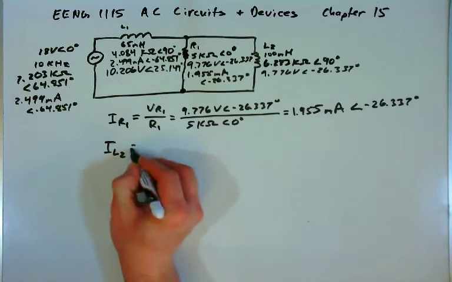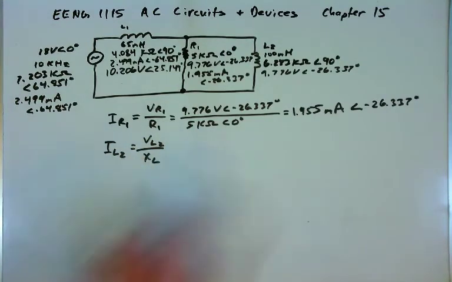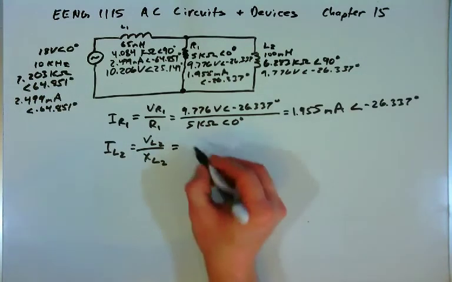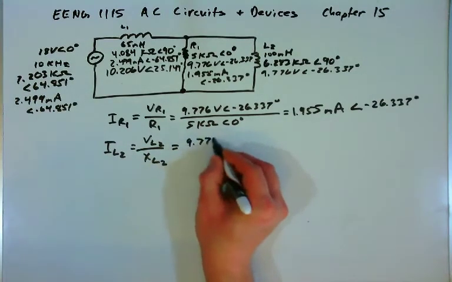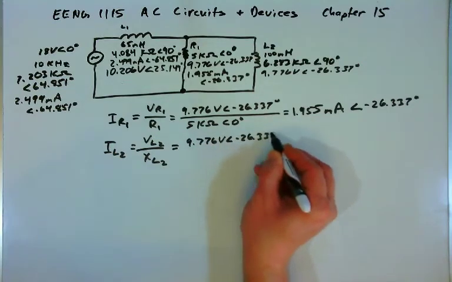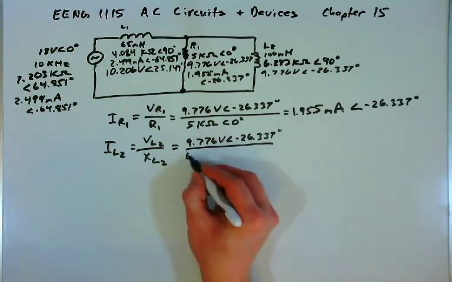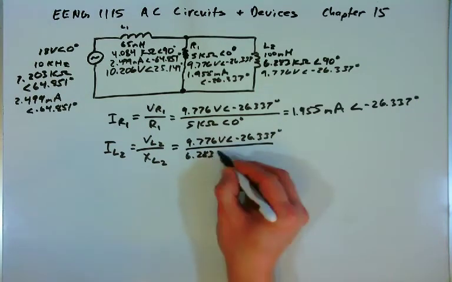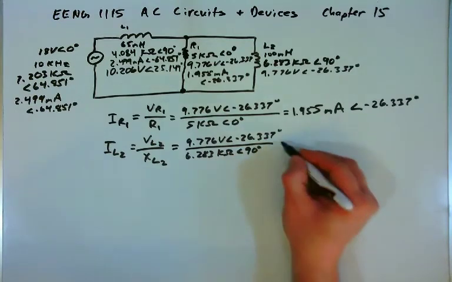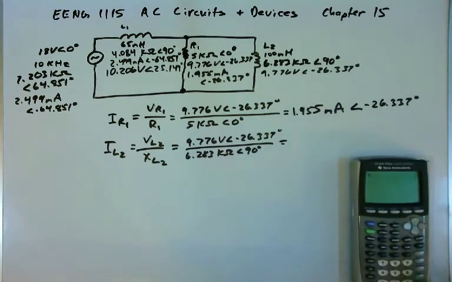Same thing for L2. The current through inductor 2 will be the voltage drop across inductor 2 divided by the inductive reactance of inductor 2. And so we have the same voltage, 9.776 volts, at an angle of negative 26.337 degrees. And we will divide by 6.283 kilo ohms at an angle of 90 degrees. So we'll divide the magnitudes and subtract the angles.